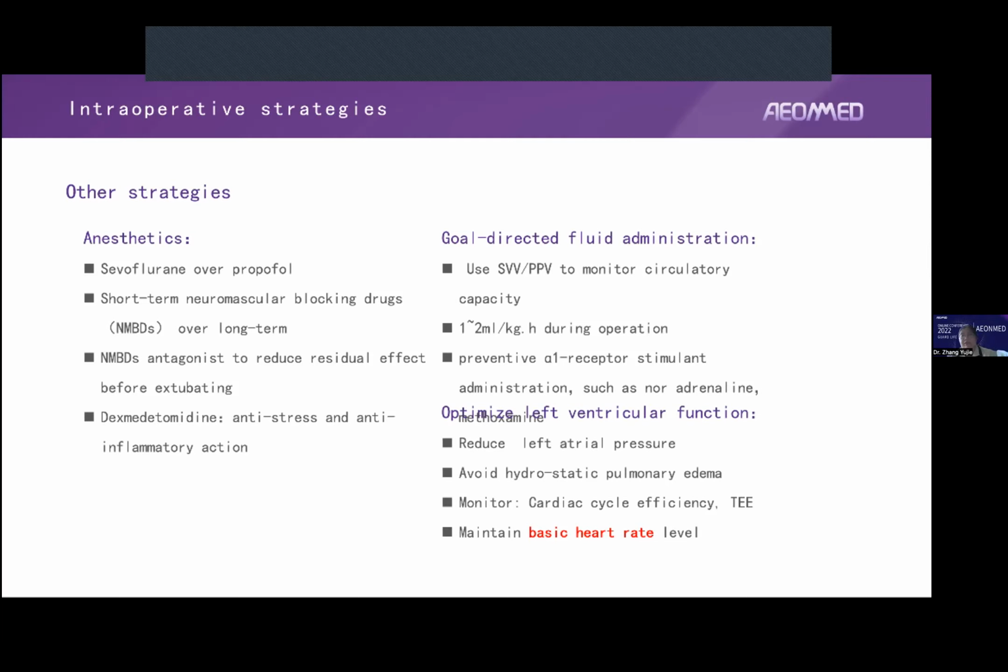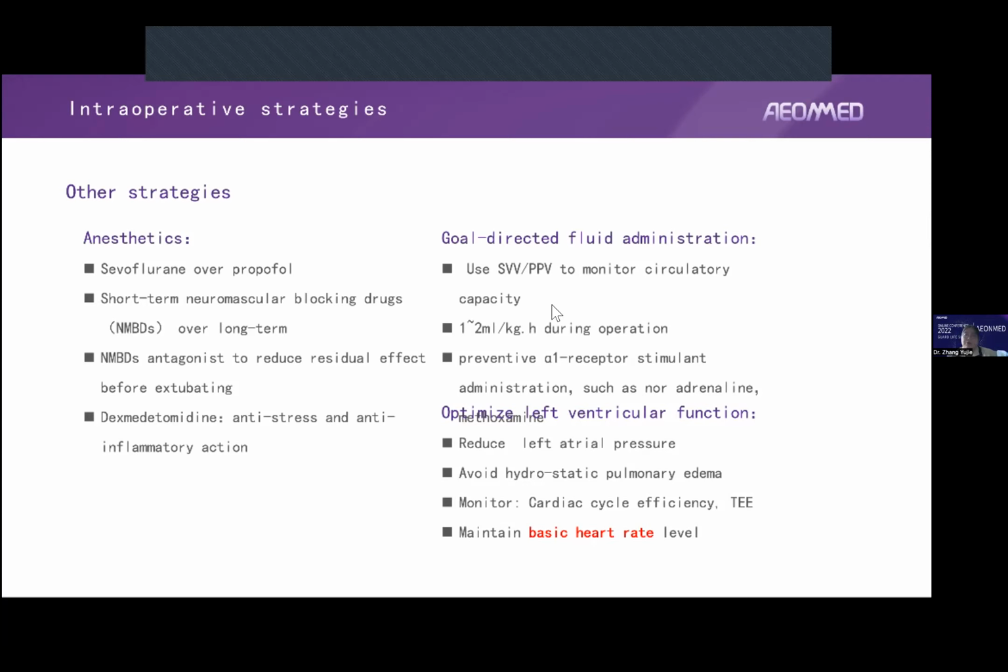So it might cause hydrostatic pulmonary edema. But monitoring that is quite difficult. The cardiac cycle effects monitor is not very common, and the TEE is also invasive. So for daily use with a common patient, we can simply maintain the basic heart rate for the patient.